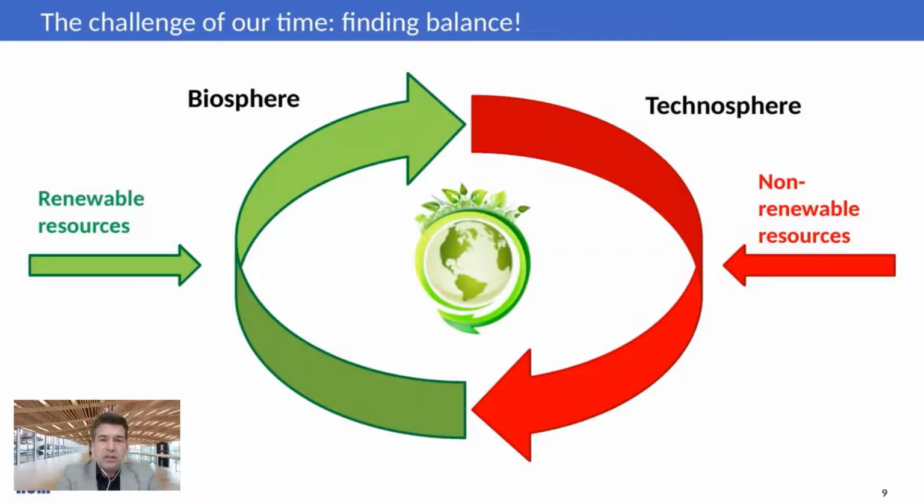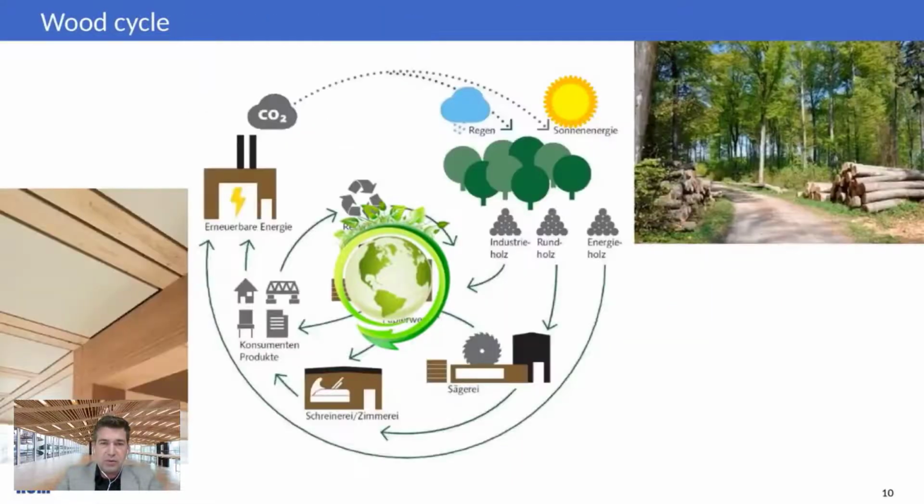So this is the challenge of our time, to find the balance between biosphere, the nature, and technosphere, the human, and to check where we can use more renewable resources and where we have to use non-renewable resources. And that's our motivation. That's why the wood industry is pushing this topic forward, because we cannot only say we are sustainable, we have to prove it at the end with numbers.